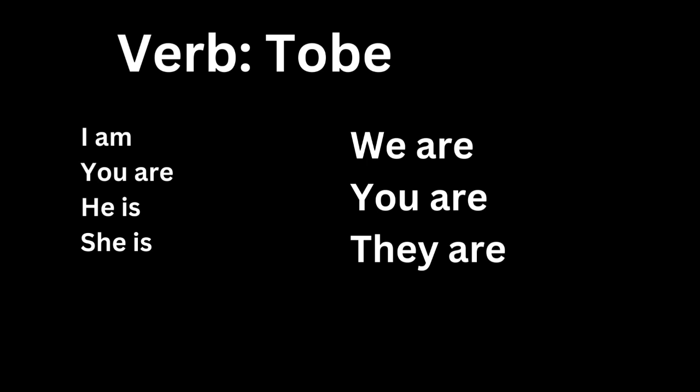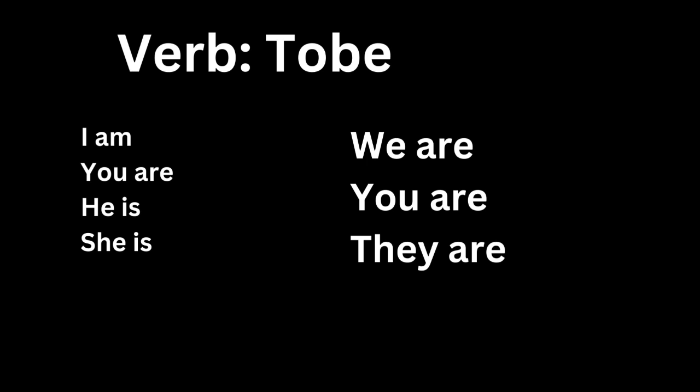Then to the plural, we are, you are, they are. So we are seeing a different format in the first person singular and the third person singular. Then the rest are going to take a similar format. You are, we are, you are, they are. But I am and she is and he is.